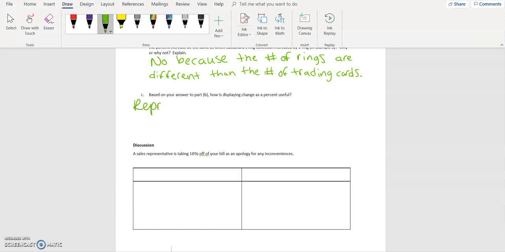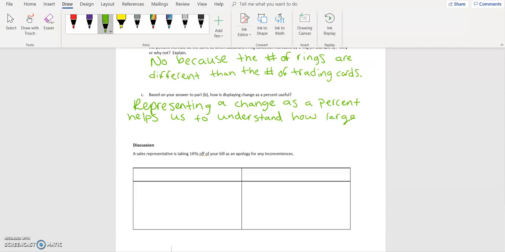Okay, so representing a change as a percent helps us to understand how large the change is compared to the whole.